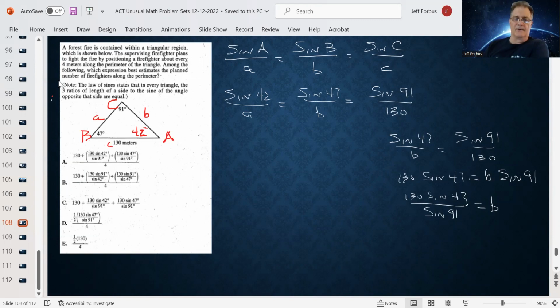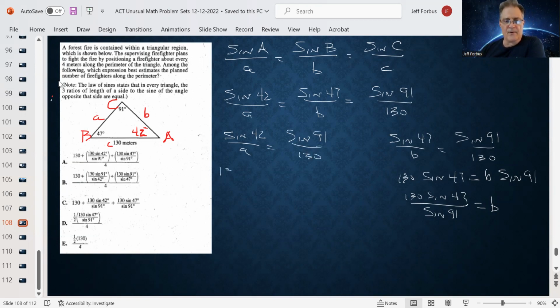Now, we're going to do the same thing for side length A. Sine of 42 divided by A is equal to sine of 91 divided by 130. Do the math again.